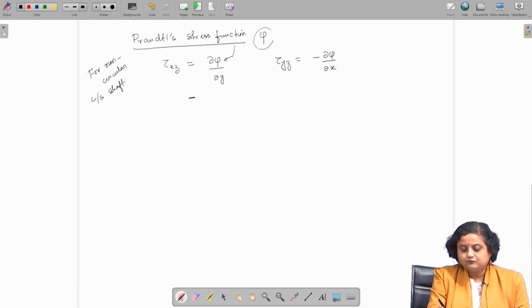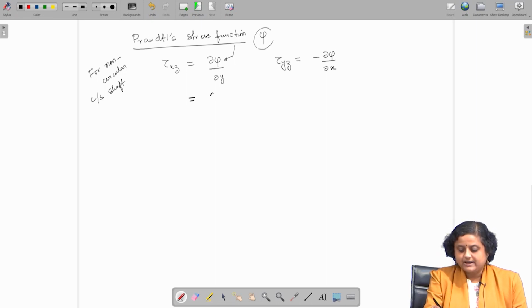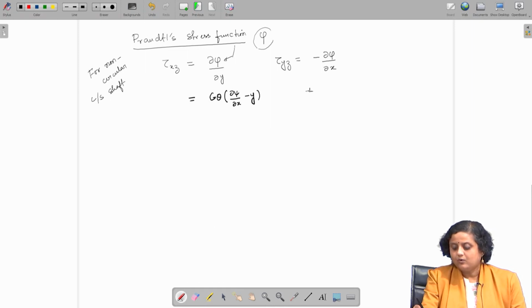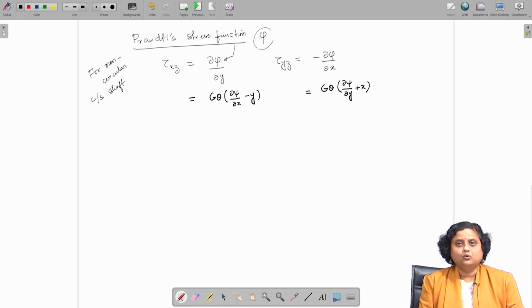Now, we know from the Saint-Venant's theory that tau x z can also be written as G theta into (del psi by del x minus y), and tau y z can be written as G theta (del psi by del y plus x). This is already known to us.